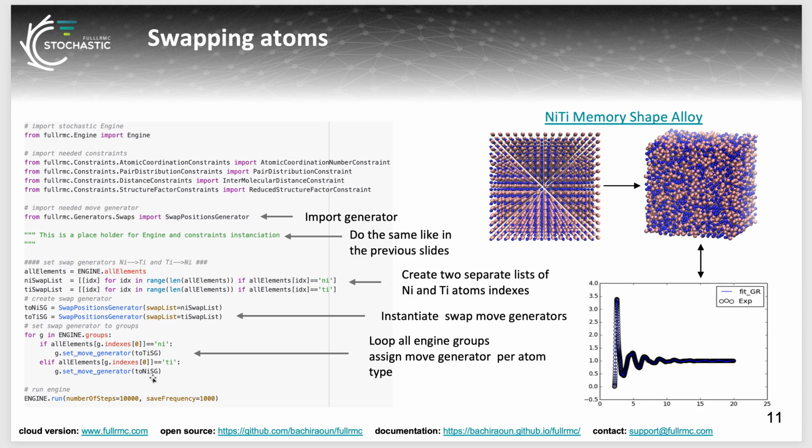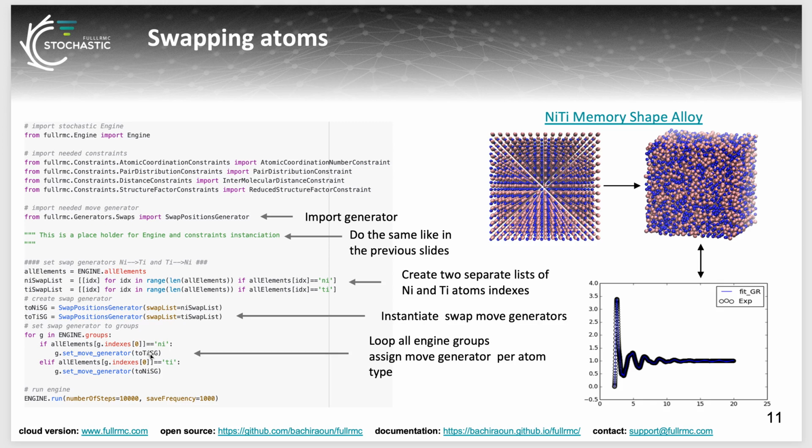So during engine runtime, when a group that contains nickel in it is selected, the move generator is a swap generator to titanium, and randomly a swap will be attempted between this nickel and one of the titanium from the titanium swap list.